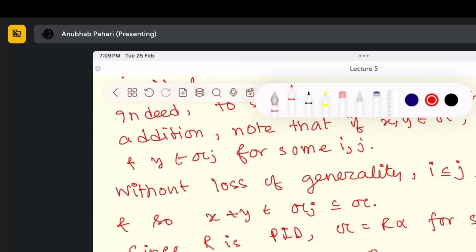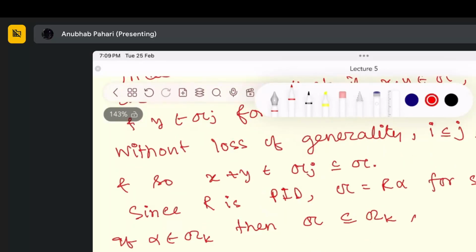Now the second one is actually an interesting problem. So we'll use the Hilbert basis theorem for the first time in this assignment.